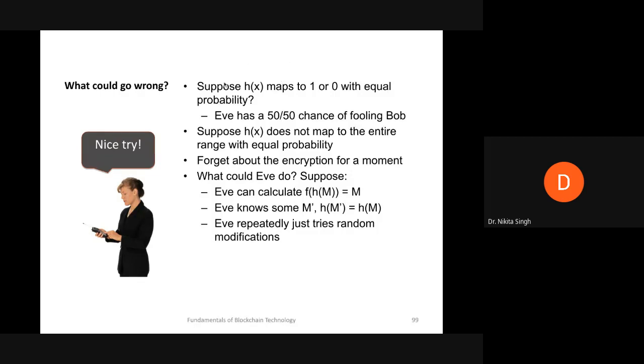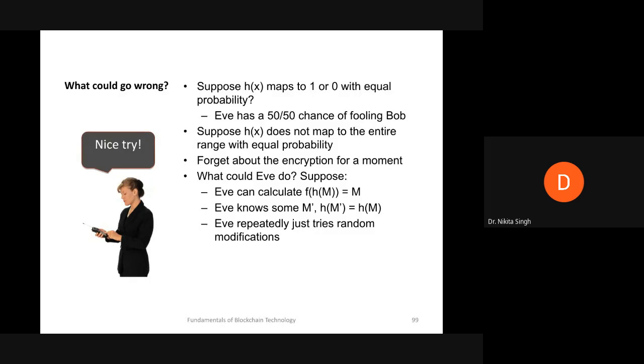But suppose the hash of some message maps either to 1 or to 0. Now we are saying that there is an equal probability of the hash mapping to either 0 or 1. So if there are only two choices, Eve has a 50-50 chance of fooling Bob.